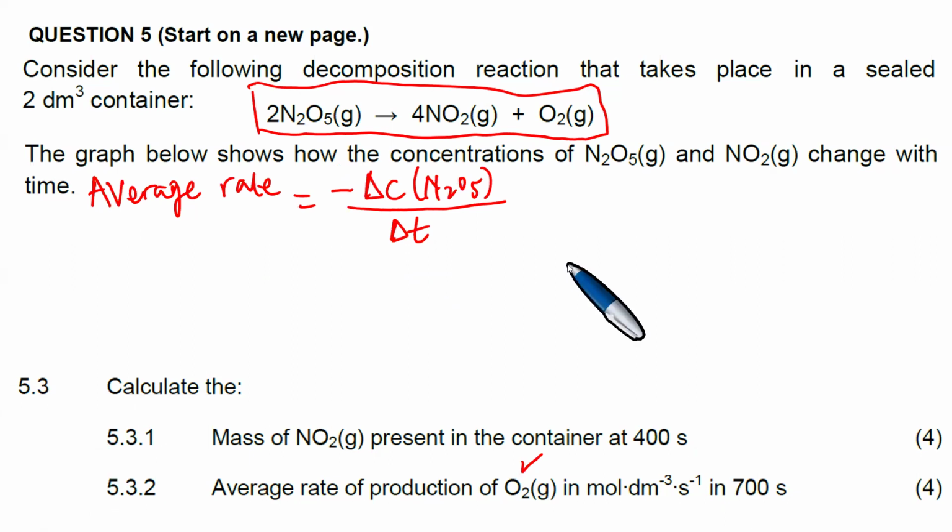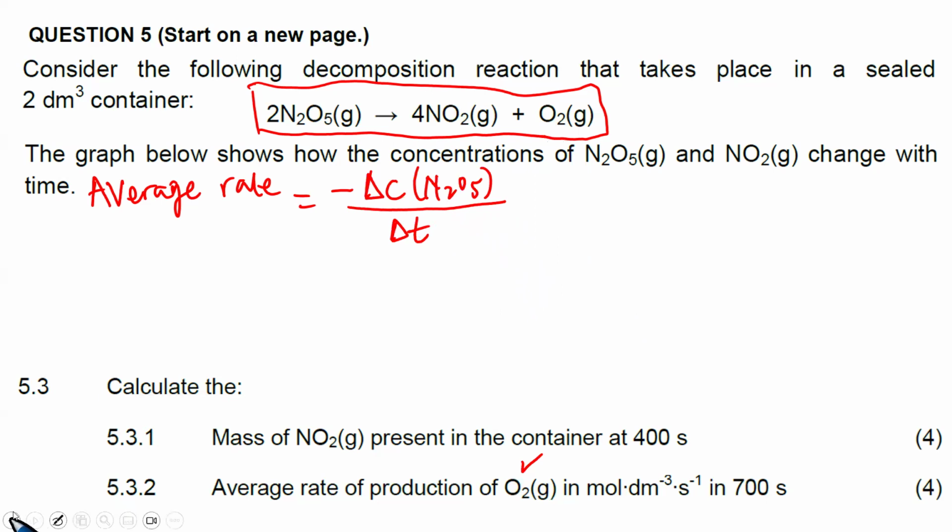Okay, that's a good question. Why is it negative? It is negative because if you look at the change in concentration of N2O5, we're going to use 2 approaches to this.